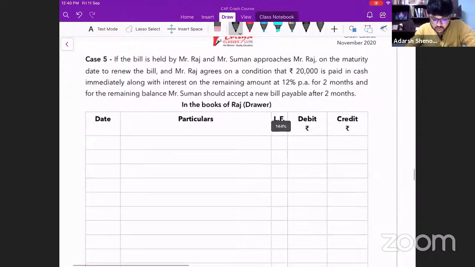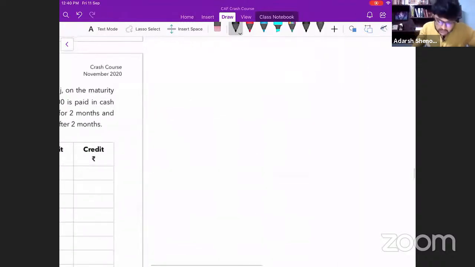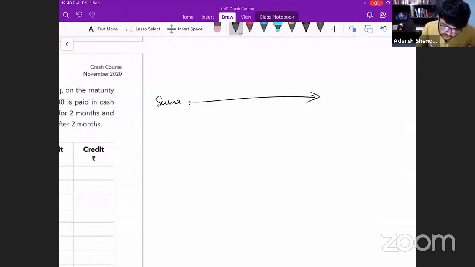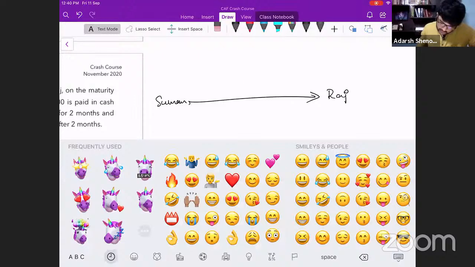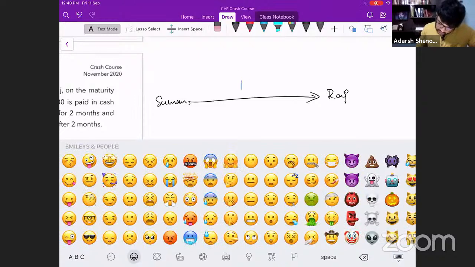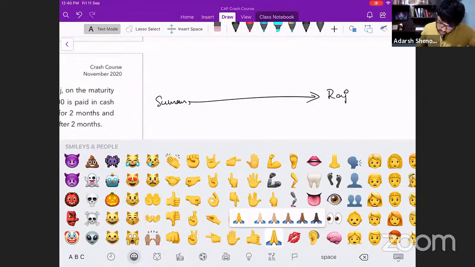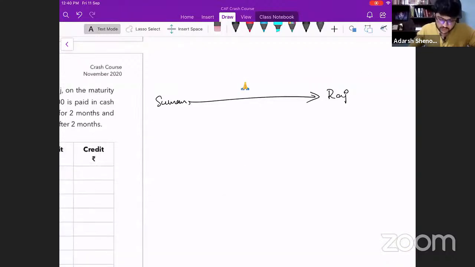Suman is going to Raj. Suman has gone to Raj, and he's requesting Raj.